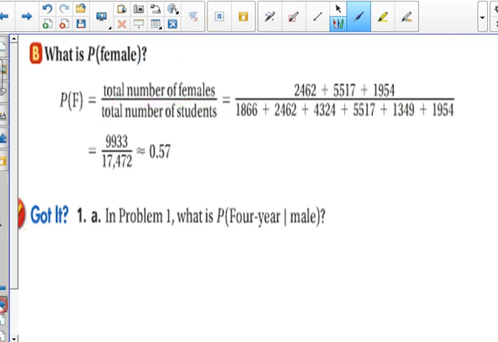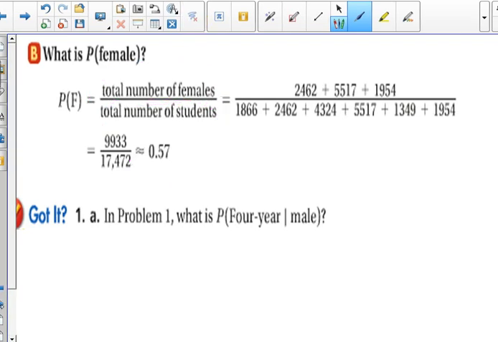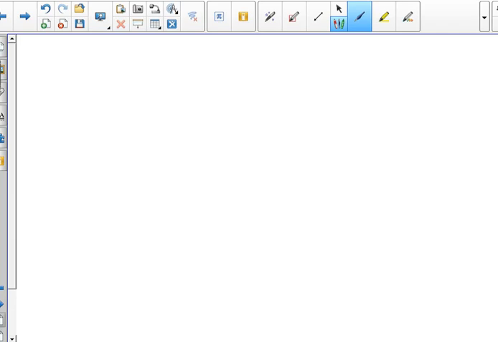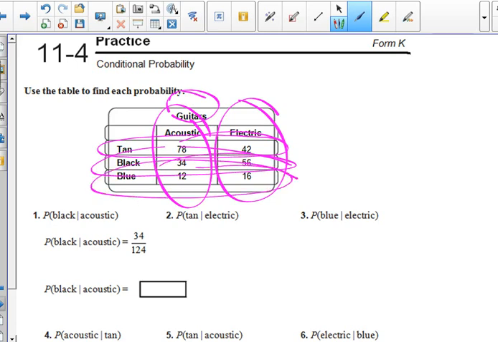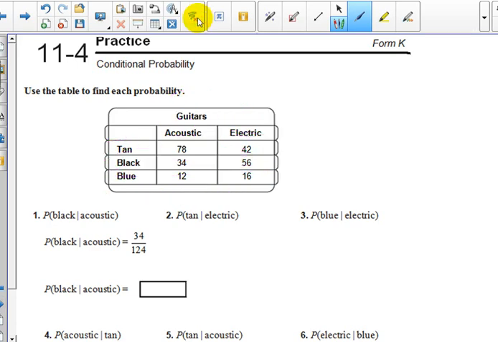Let's look at our assignment and let's work this together. Number 1 says use a table to find each probability, and it's all about guitars. And they break it down into acoustic guitars and electric guitars. And within each one of those categories, you have tan, black, and blue. So let's look at what they're asking. Look at number 1, what's the conditional probability of getting a black out of the acoustics?